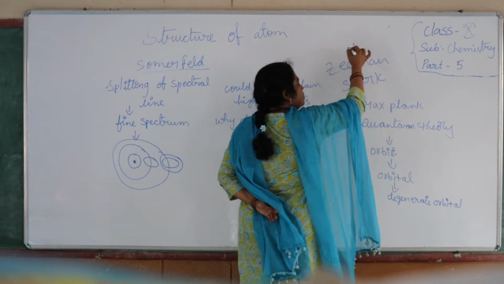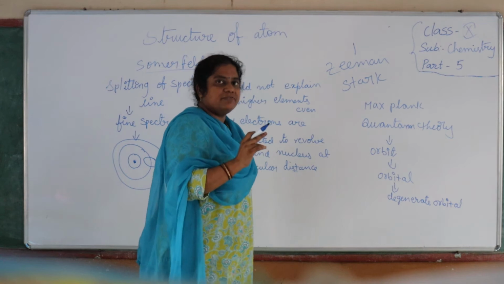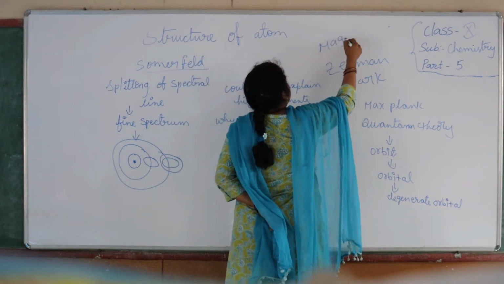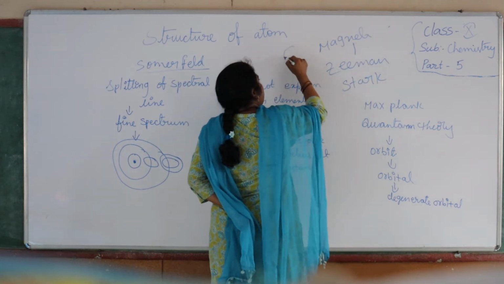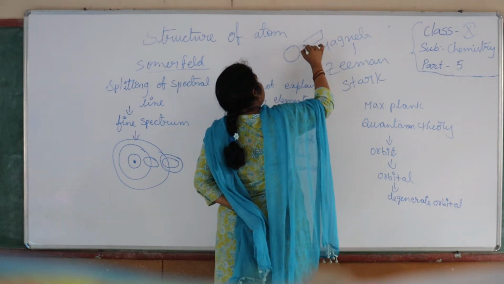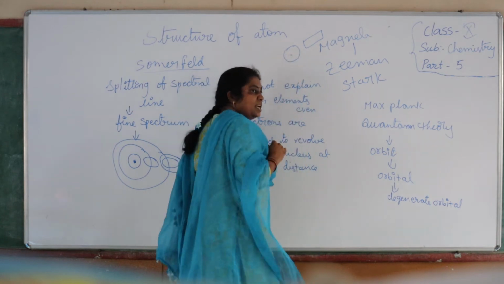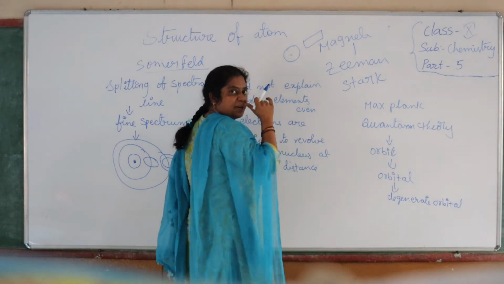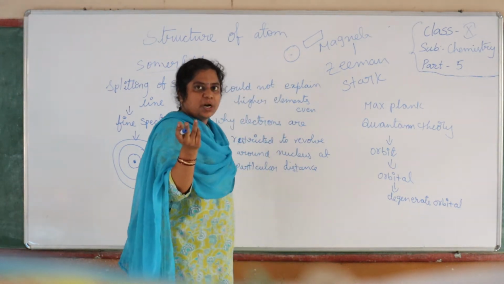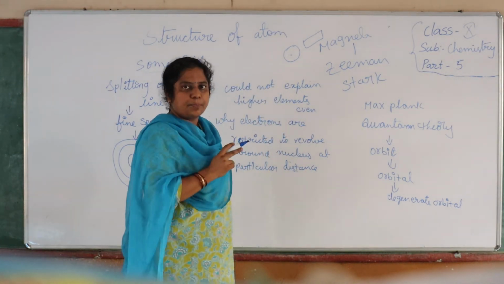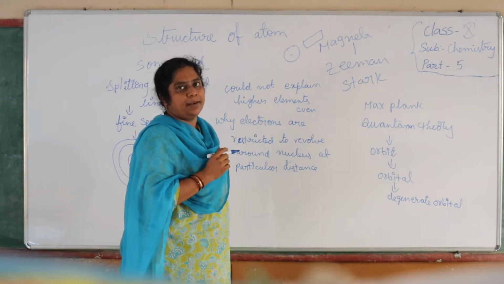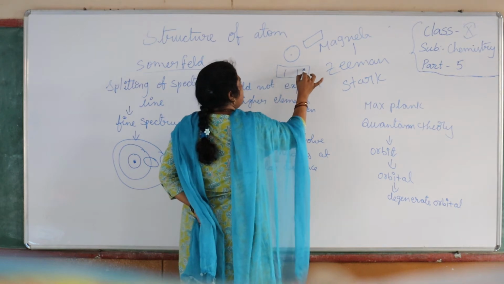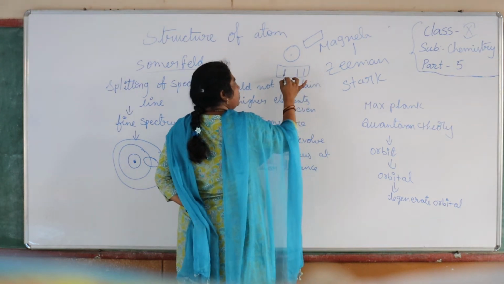What did I tell you about the Zeeman effect? Splitting up of spectral lines in the presence of a magnetic field. When a magnet is placed near the atom, how are the spectral lines splitting? Suppose these are the hydrogen spectral lines, given in your textbook: the violet one, the blue one, the red one.